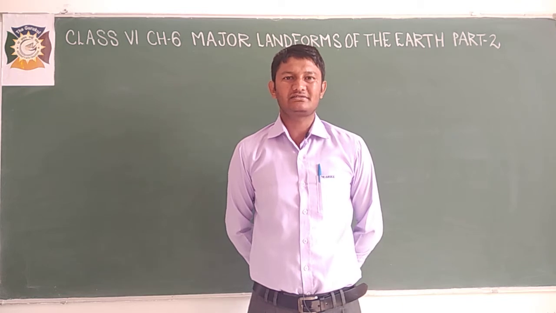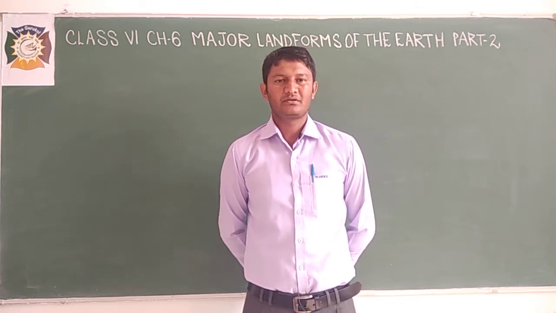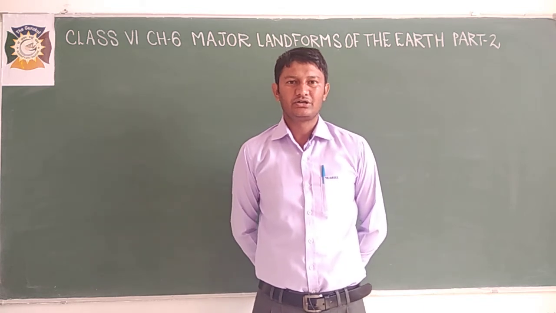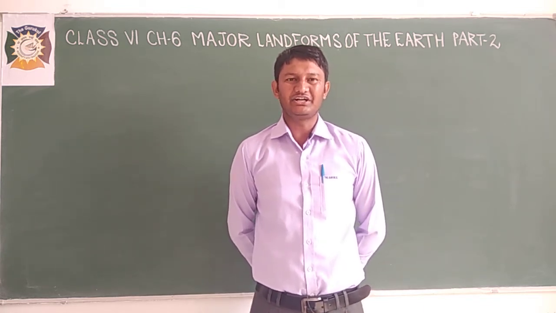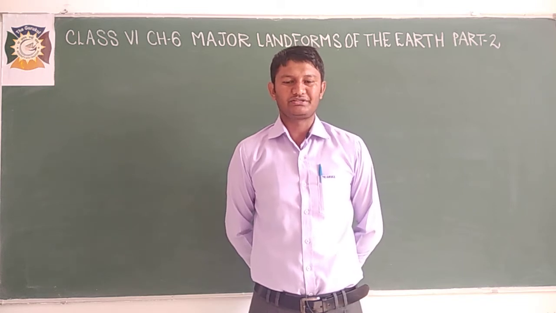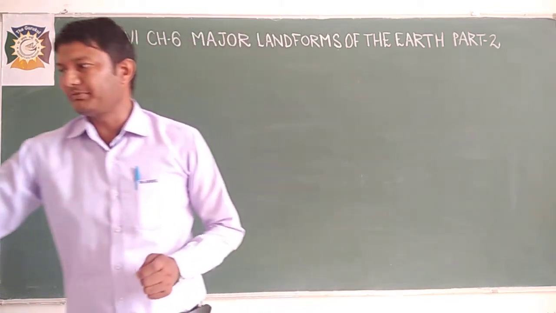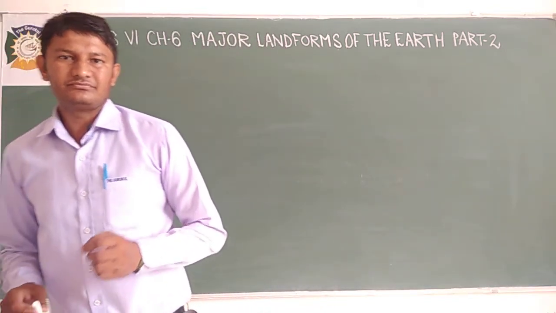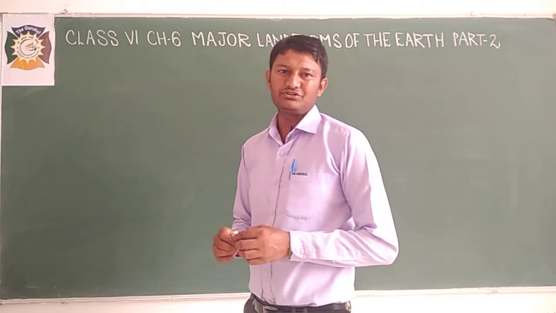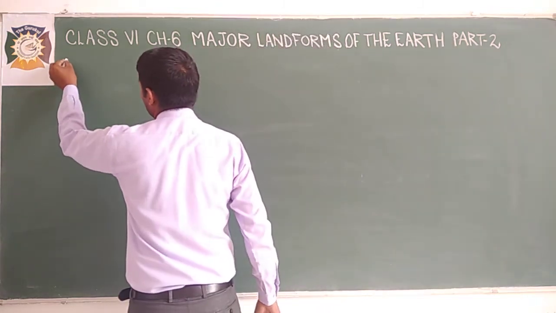Broadly categorized, the landforms of the earth are mountains, plains, and plateaus. Today we will discuss the three types of mountains and the uses of mountains. Let us begin with these three landforms of the earth.